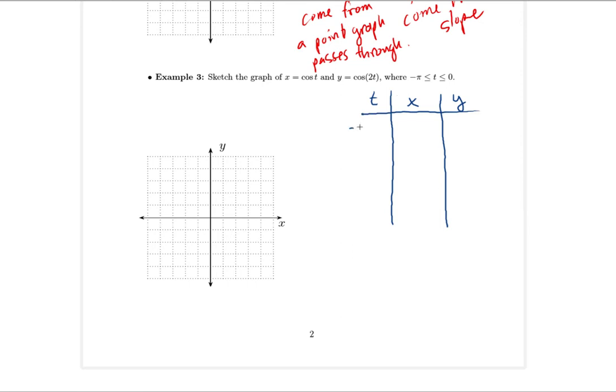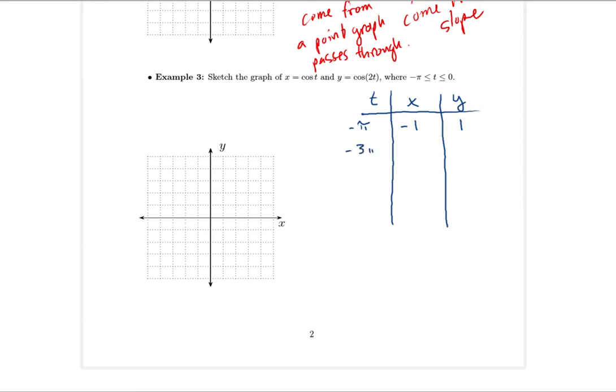So when t is equal to negative pi, for x I'm plugging negative pi in for cosine, which is going to give me a negative 1. And then I'm plugging in a negative pi in for cosine here, and that's going to give me a positive 1, right? Because I'd be at the cosine of negative 2 pi. And then let's go ahead and pick some other kind of typical angles to plug in.